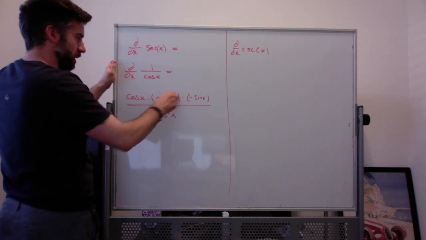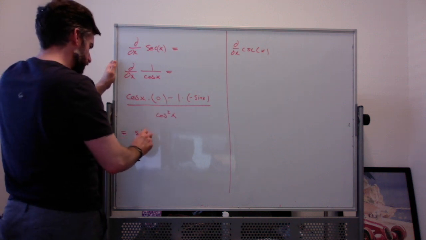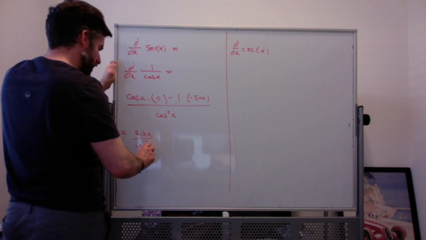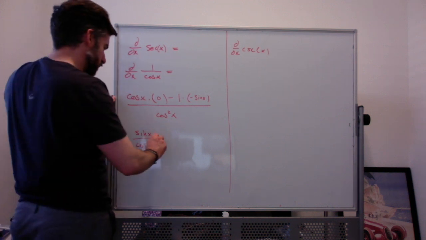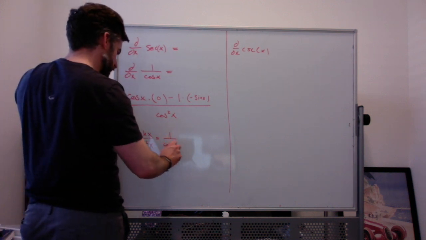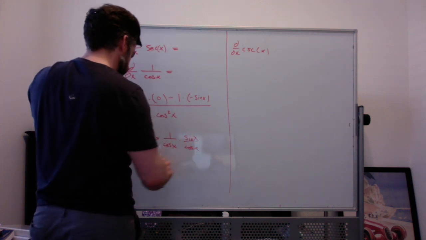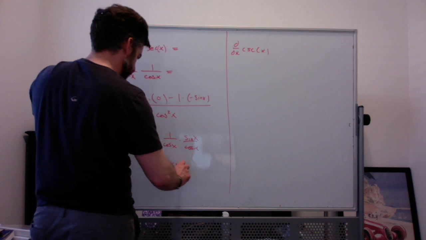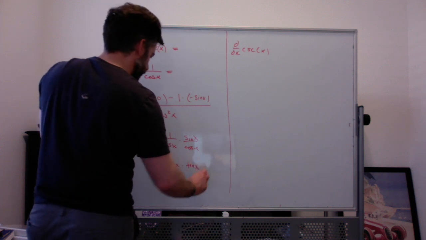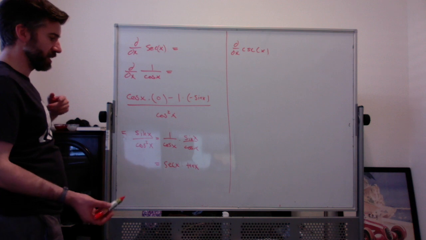This ends up being positive sine of x over cosine squared x. And while you could leave it like this, nobody does. We break it up as 1 over cosine x times sine x over cosine x. And then we end up writing that as secant x times tangent x. So the derivative of secant x is secant x tangent x.